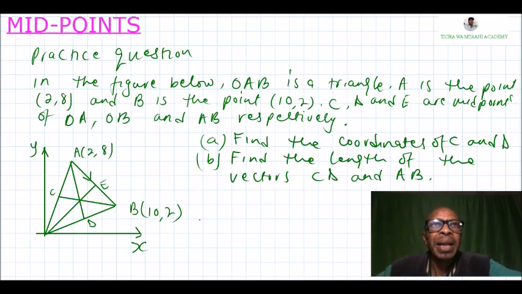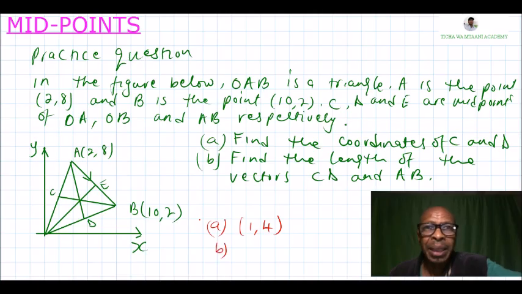So for part A, you'll be able to get the coordinates of C are 1, 4. Then the coordinates of D are 5, 1.